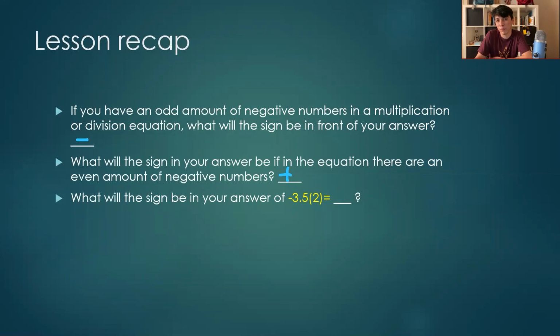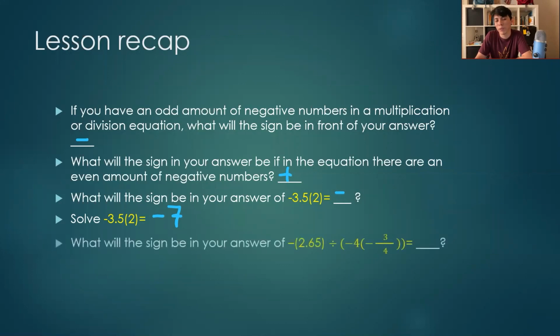Pause, think about it, resume. So your answer should be a negative number. Now solve it. Pause, write it out, and resume when you're ready to see. So you should have gotten -7. That one wasn't too bad.